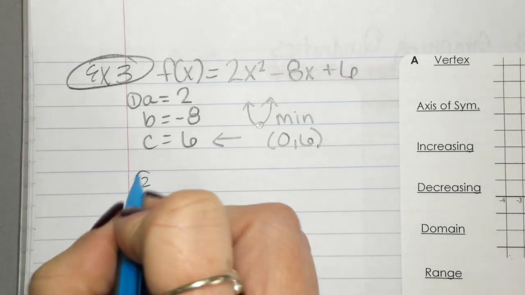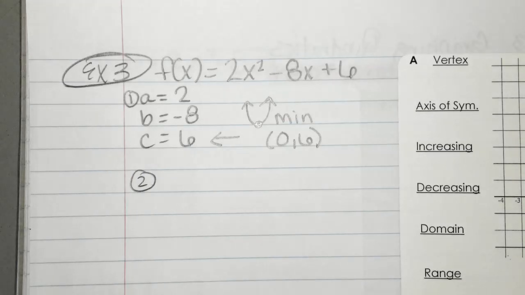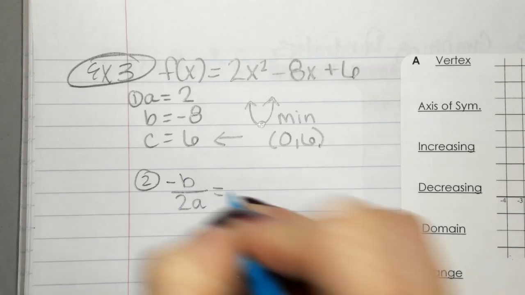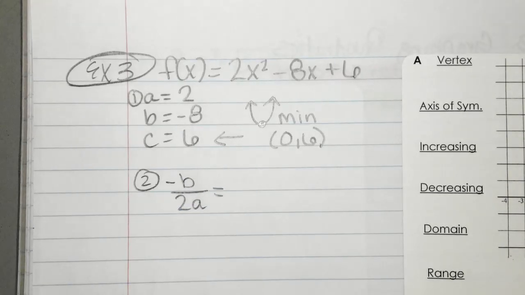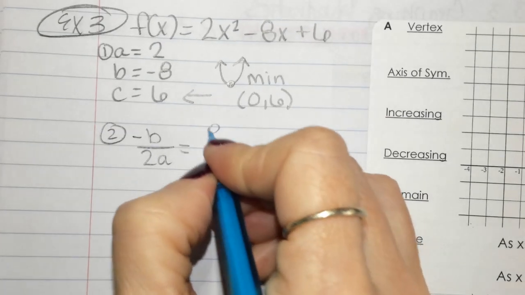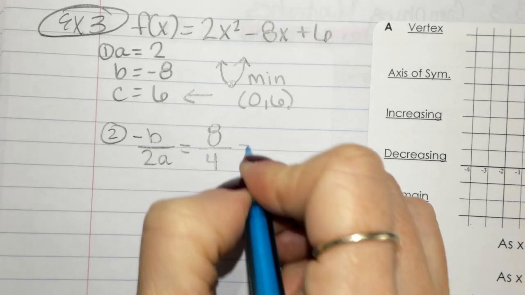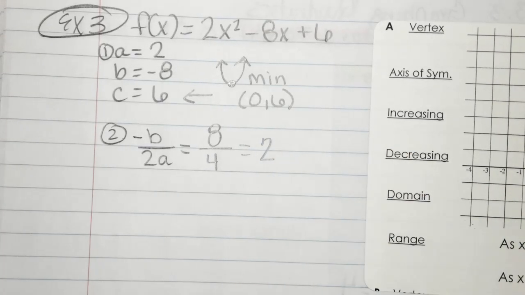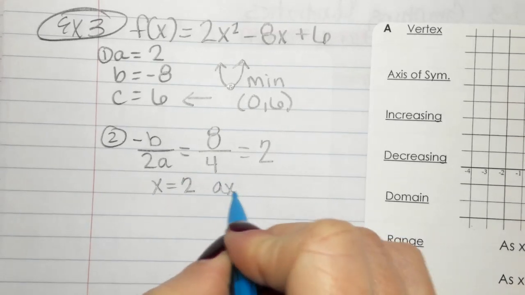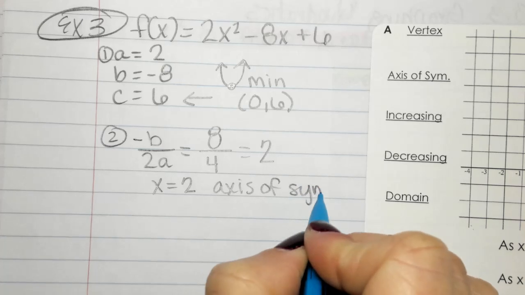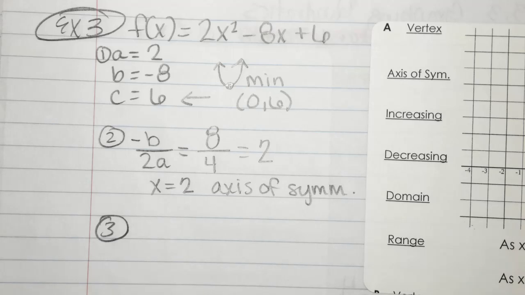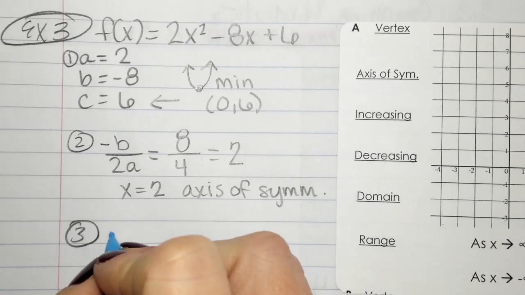All right, step 2. Find the axis of symmetry, the x value of the vertex, or the h, so -b over 2a. If you want to go ahead, you can. You don't have to wait for me. Eight. And then step 3 is plugging it in to get the y or k value for our vertex.